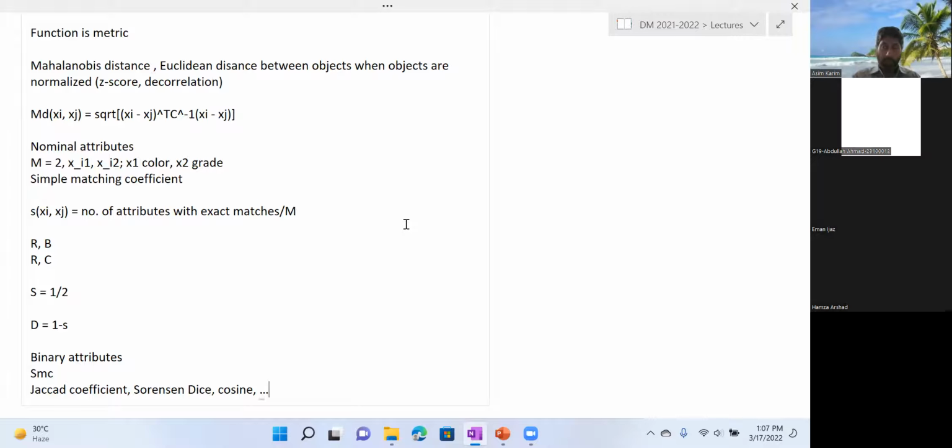So in other words, you create the contingency table, matches, no matches. And from there, you can compute any of these measures.